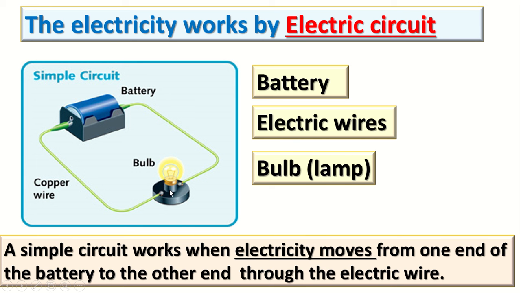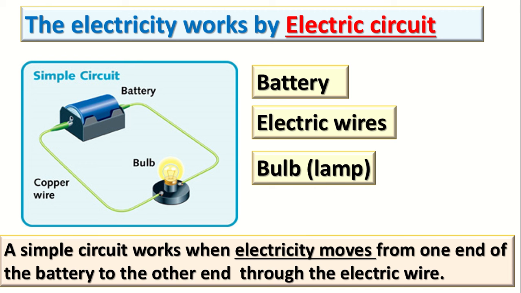I want this lamp to work. How can I make it work? I will use something called an electric circuit. Repeat after me. Electric circuit. The electricity works by electric circuit.